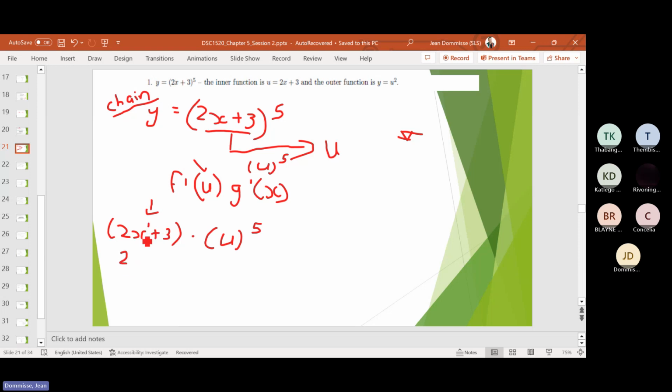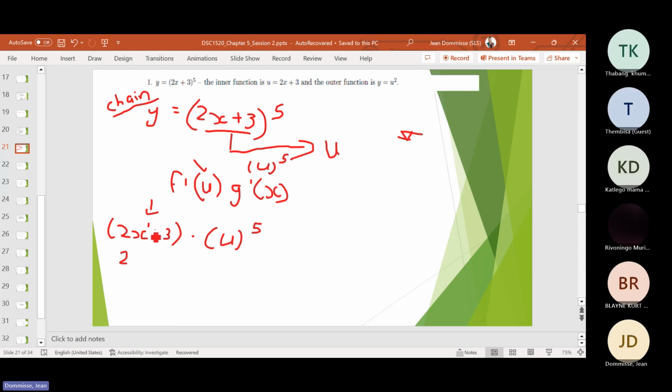Remember that is x to the power of 1, and when we differentiate, that becomes x to the power of 0. So if we differentiate 2x plus 3, it becomes 2. And then we differentiate the other part, again with the power rule. Okay, so that is then our answer.